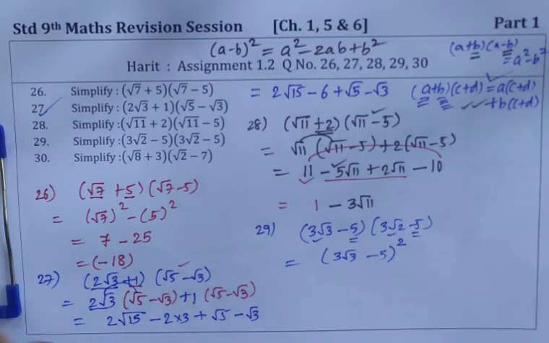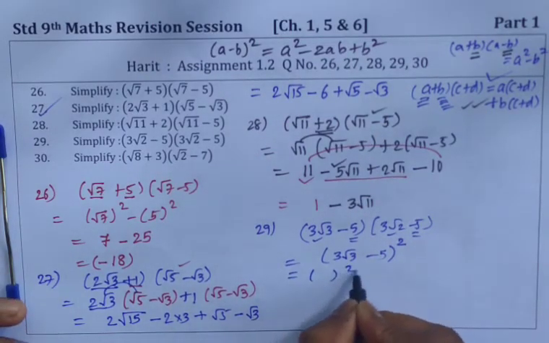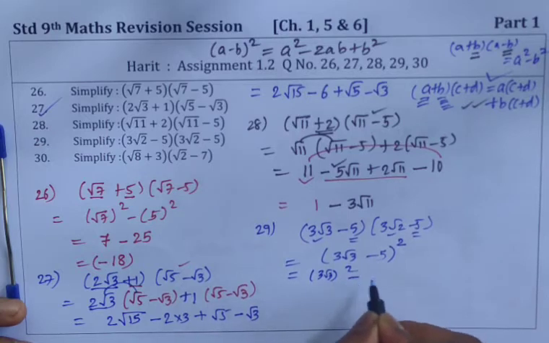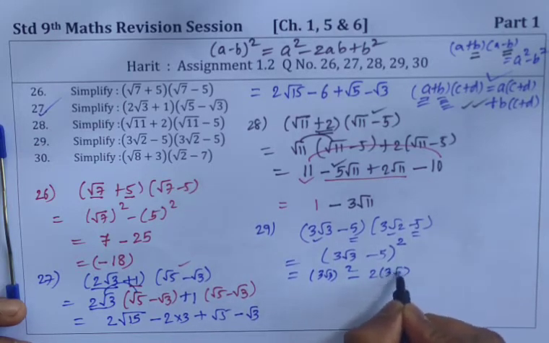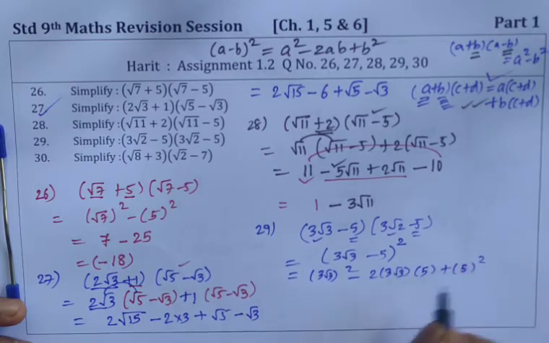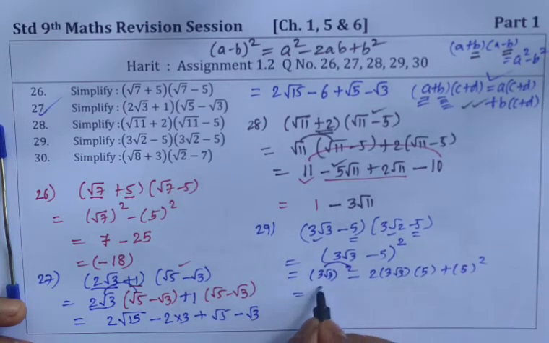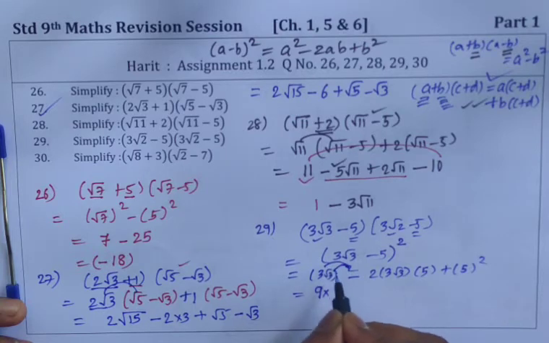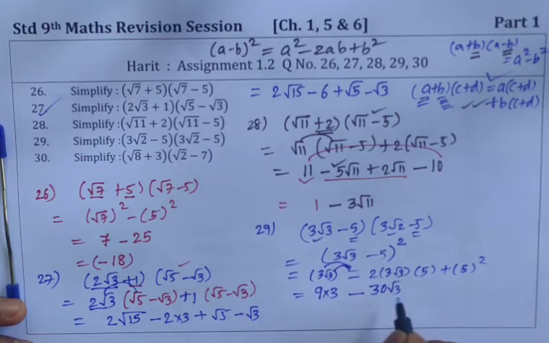So apply that here. First term square, that is 3 root 2 whole square, minus 2 into first term 3 root 2 into 5 plus second term square, that is 5 square. बोलो 3 का square 9 into root 2 का square 2 minus, this is 2 3s are 6, 6 5s are 30 root 2 plus 5 square, that is 25.